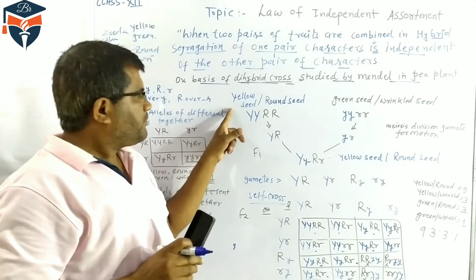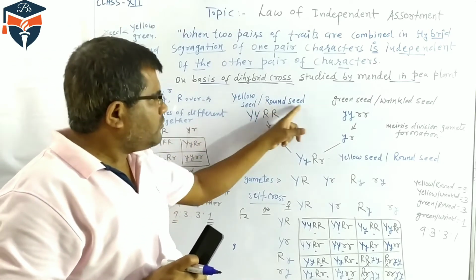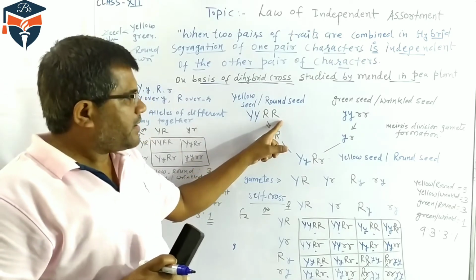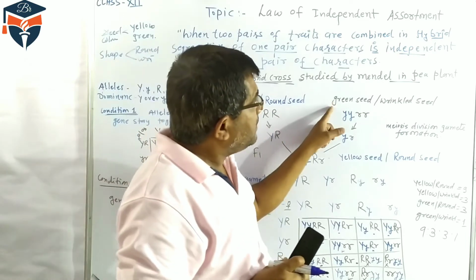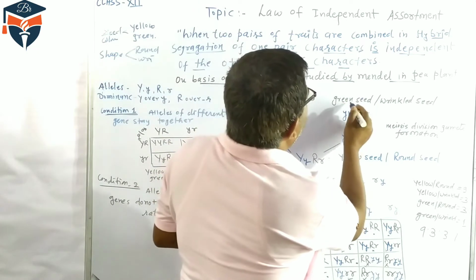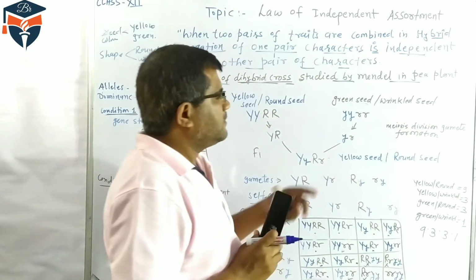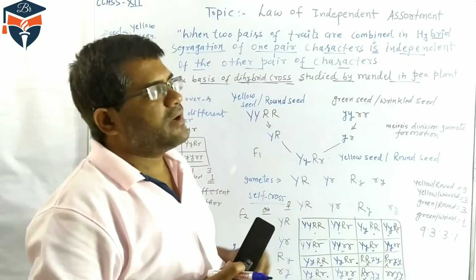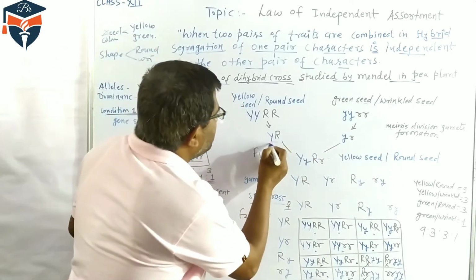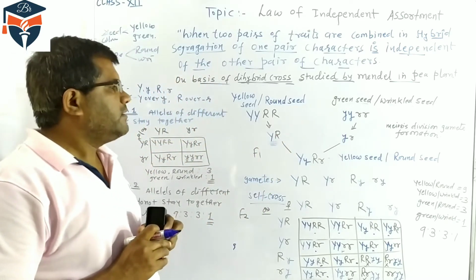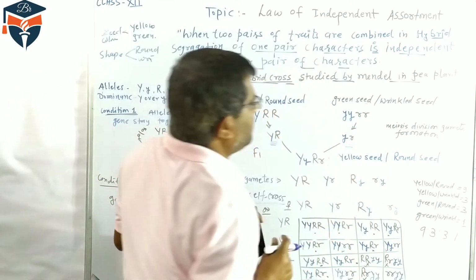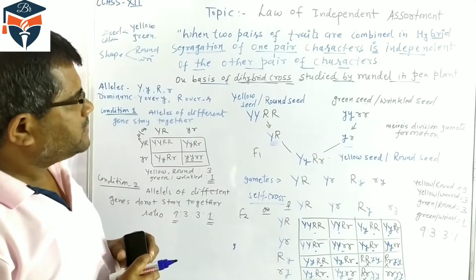So one parent is a yellow, round seed, with genotype capital Y and capital R. When it is crossed with the other parent, a green, wrinkled seed, small y and small r. From the first parent, one gamete is formed, capital Y and capital R. And from the other parent, the gamete formed is small y and small r.